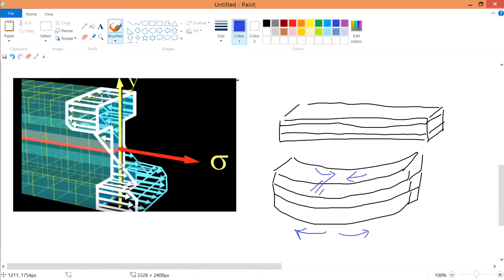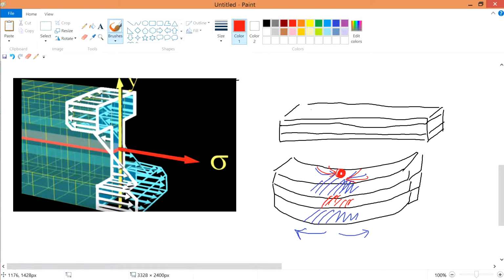The forces are somewhat distributed over here, in the middle part. The middle part will have lesser stresses compared to this top part, because all the stresses are going onto this point, the top part.